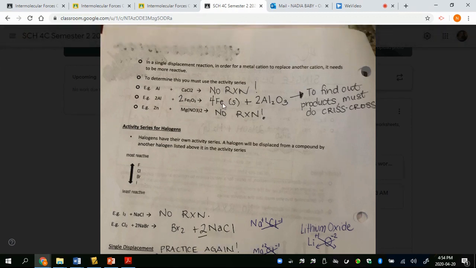Fe remains on its own as a single element, and then you balance the whole equation after you figure out the products. For this one, zinc is not above magnesium. Magnesium is in fact above zinc. So zinc is not stronger than magnesium to kick it out, therefore there's no reaction.